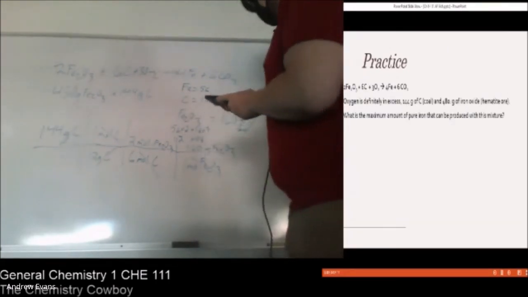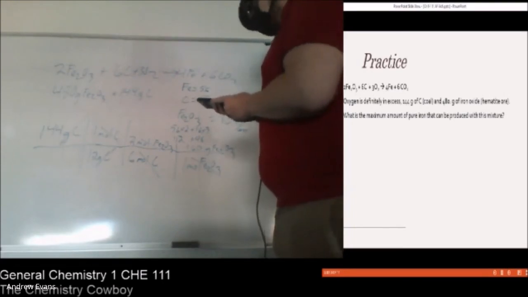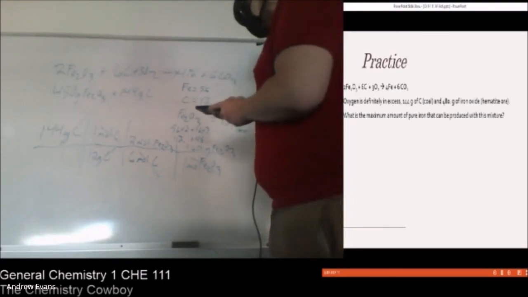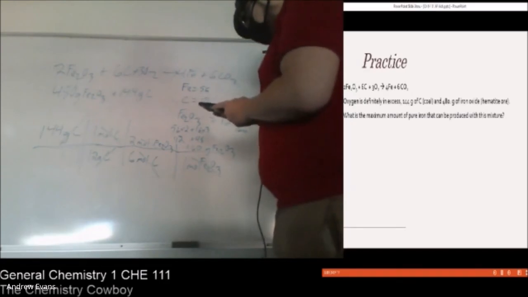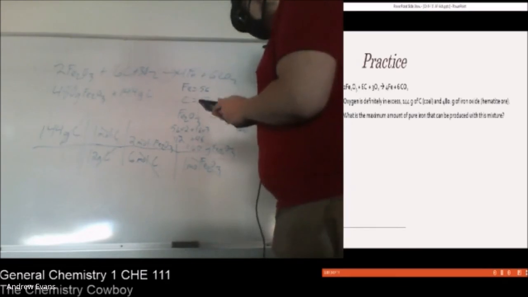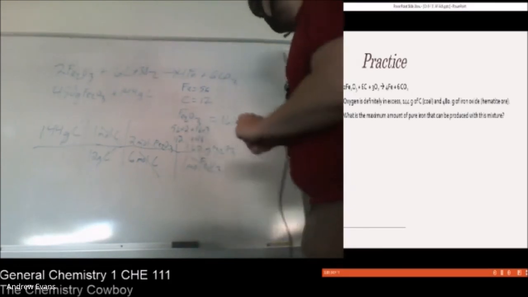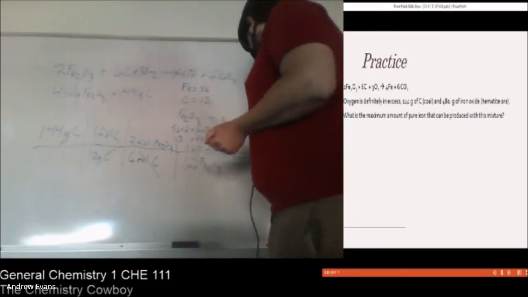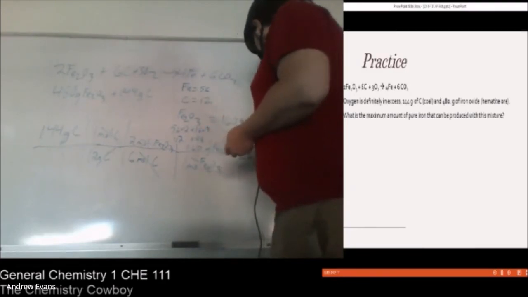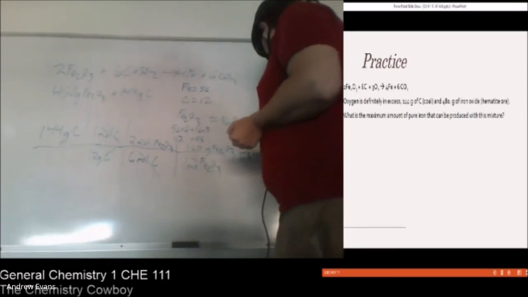So doing the math. 144 divided by 12 is 12. 12 times 2 divided by 6 is 4. 4 times 160 is 640. So 144 grams of carbon could react with 640 grams of iron oxide.